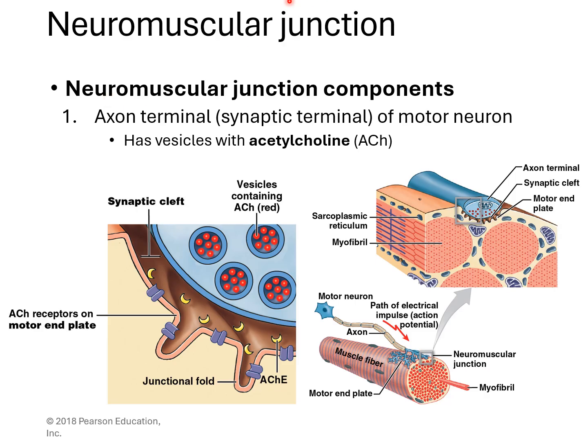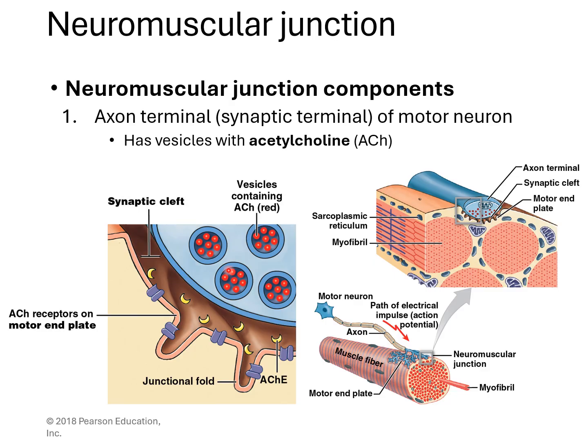Now let's look at what is actually happening at the neuromuscular junction. At this junction, you have the synaptic knob, which has synaptic vesicles, and because it's a motor neuron affecting skeletal muscle, its neurotransmitter is acetylcholine, shown in red in this diagram.